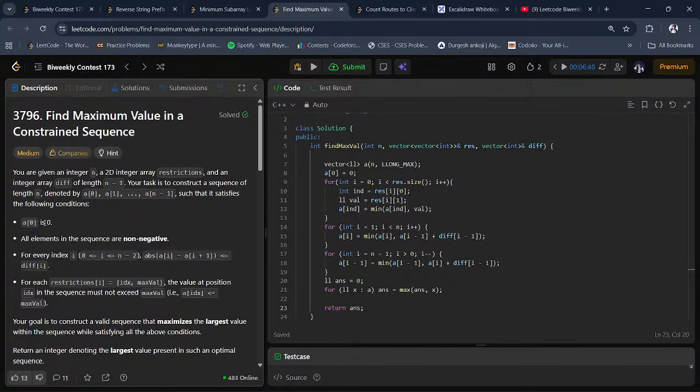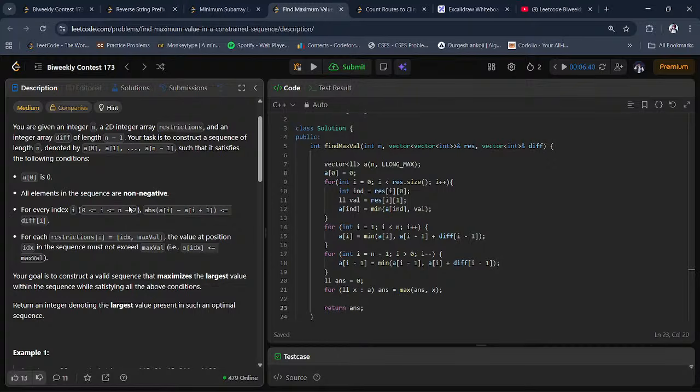We're given a of 0 is 0, that's good. All elements in the sequence are non-negative, that means all elements should be greater than or equal to 0. For every index i till n minus 2, the absolute difference between a of i and a of i plus 1 is less than or equal to difference of i. That makes sense, right?